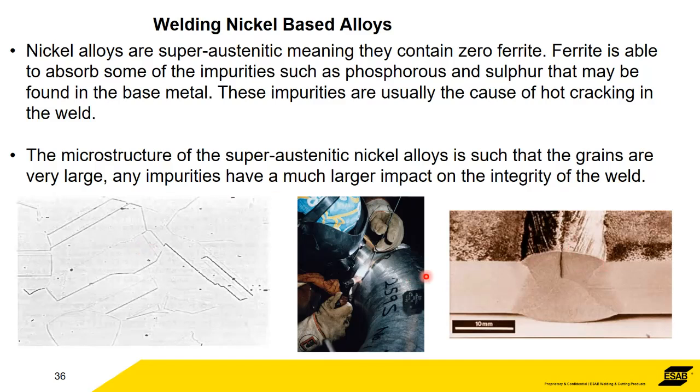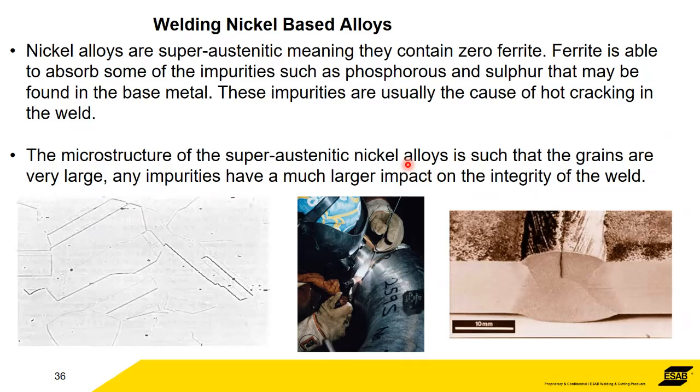You can make a very good looking weld, but as it starts to cool down, you get this type of effect, a centerline crack. And again, because it's a superaustenitic with no ferrite in it, it's very vulnerable to impurities. So any impurities that have come from the base metal, from dirt, for example, or it may be even in the filler metal itself. Any impurities such as phosphorus and sulfur, they're the most common ones.